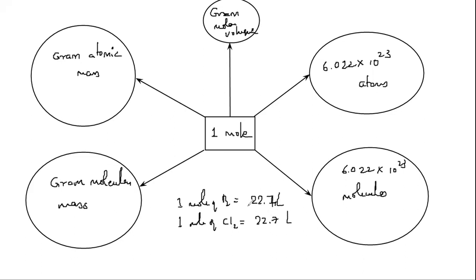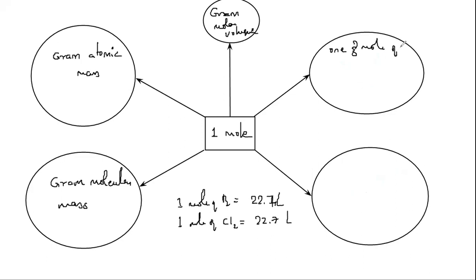Even apart from this, I hope this is clear. Apart from this, I can even say 1 mole is nothing but 1 gram mole of a compound. For a compound, mole is equal to mass of compound divided by gram molecular mass.